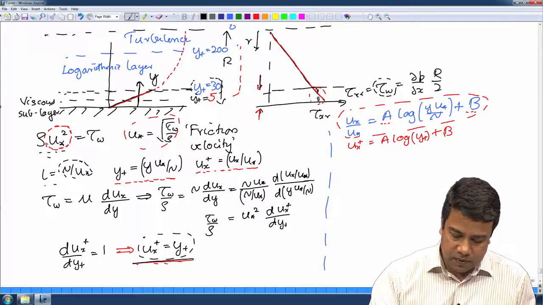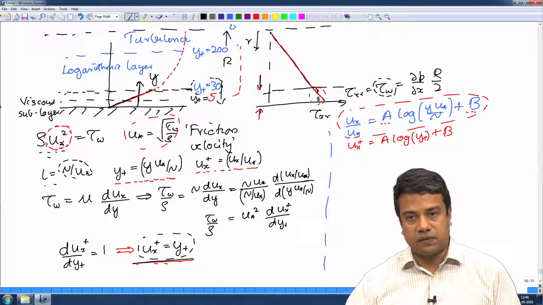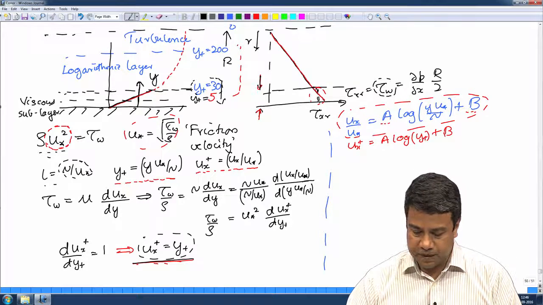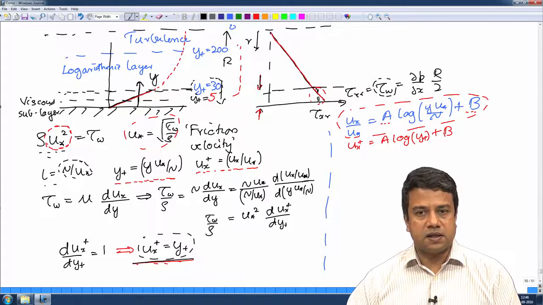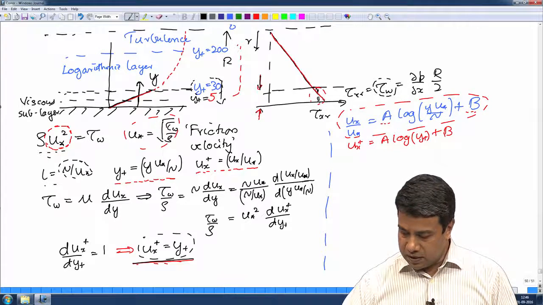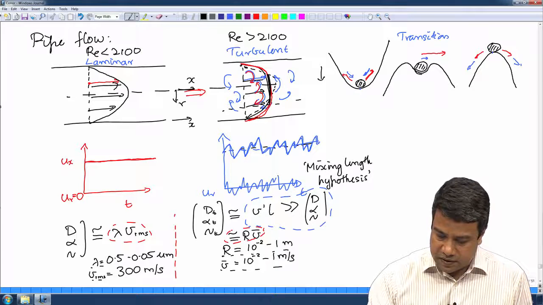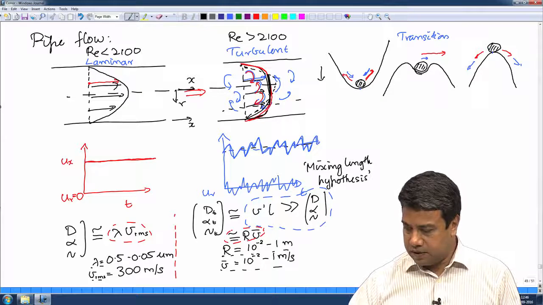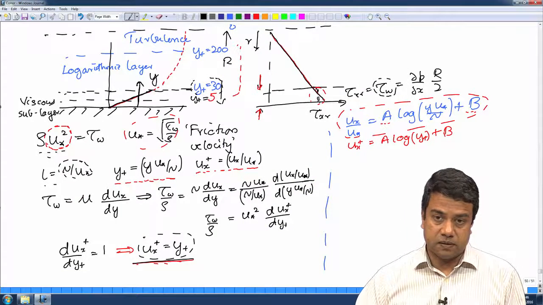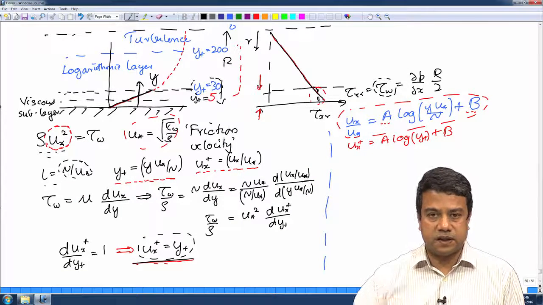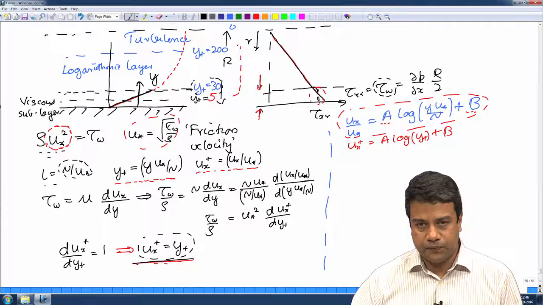Therefore, the slope near the wall is higher than what it would have been for a laminar flow. That is the reason that close to the wall, the gradient of the velocity is higher than what you would get for an equivalent laminar flow, and therefore, the shear stress is also higher, because the shear stress is the viscosity times the velocity gradient.